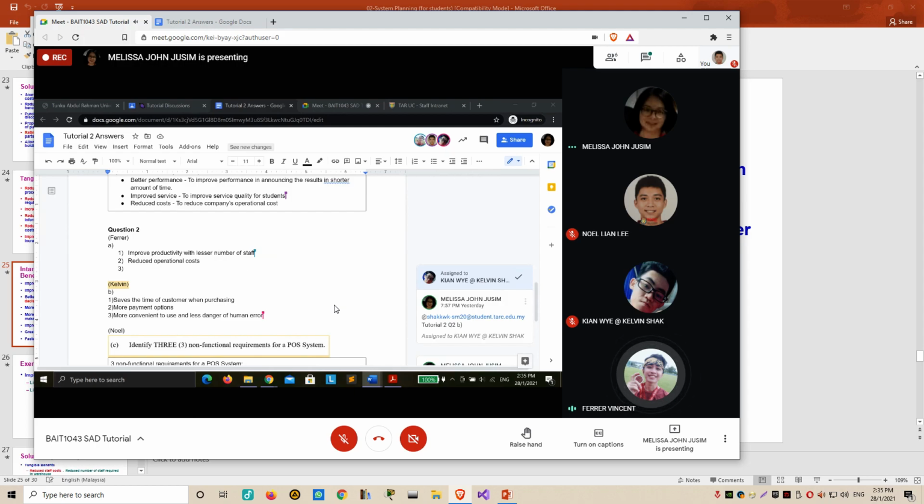I think the one who used the POS system. Very good. So here, the number of staff required at the checkout points, at the cashier, is less. Yeah, correct. And then another, reduce operational costs.